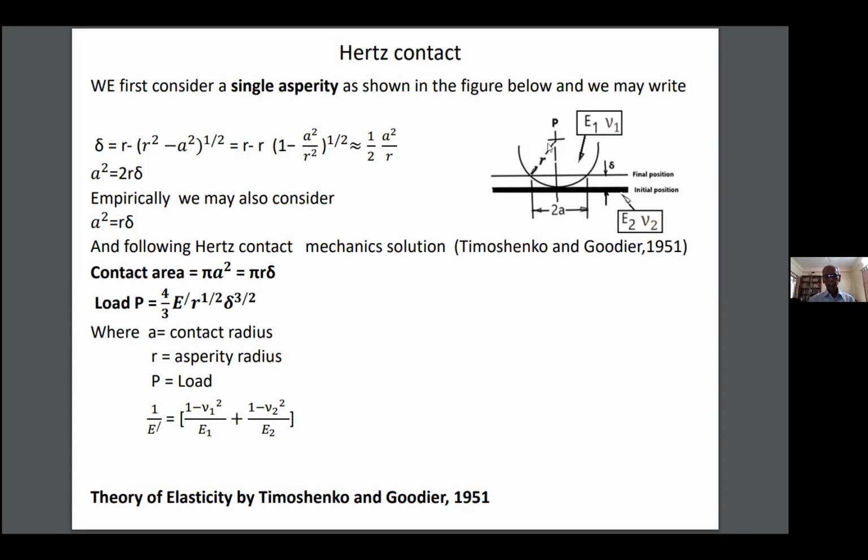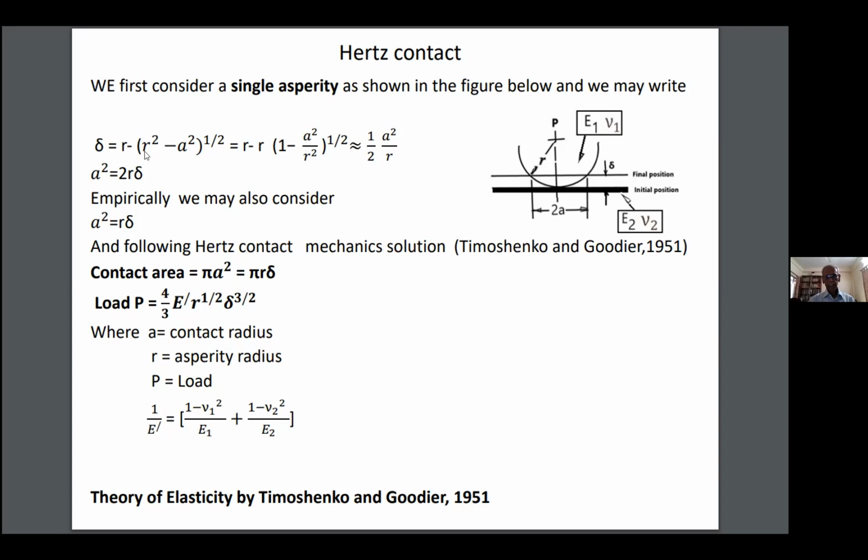So if we look at this triangle here, delta is the deformation. So delta is nothing but the radius minus this distance. Now this distance is nothing but the square root of R squared minus a squared. So that's what I write here.